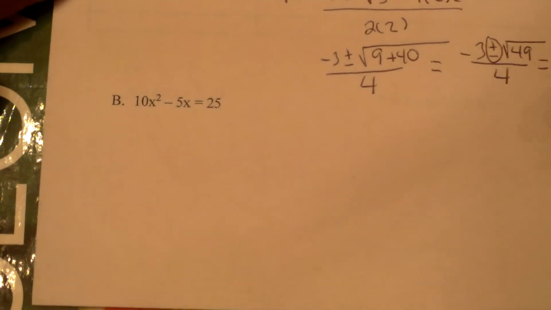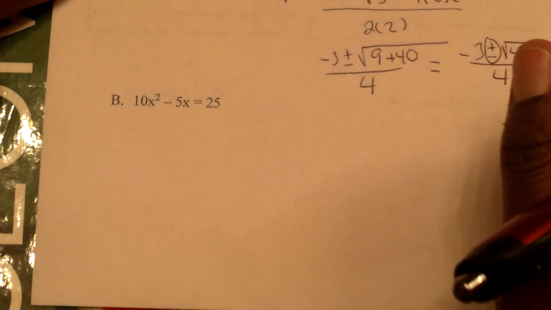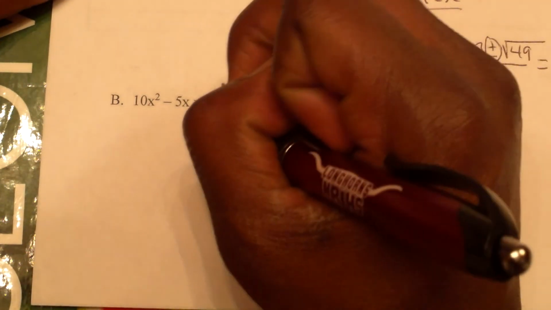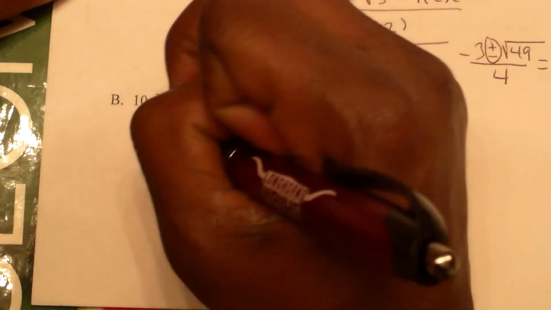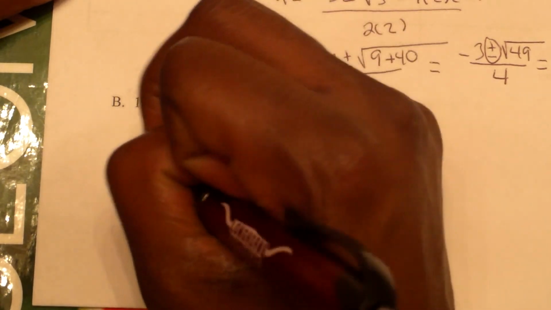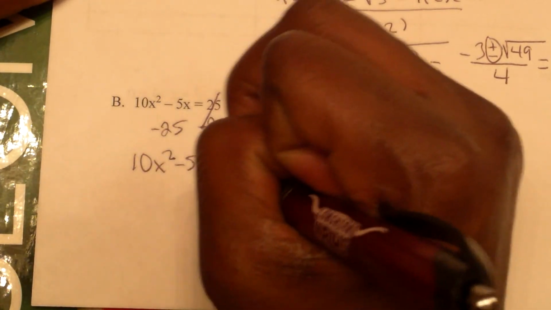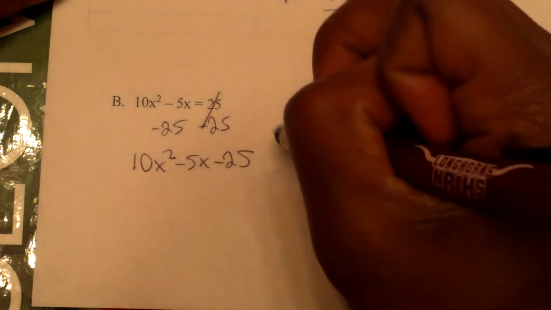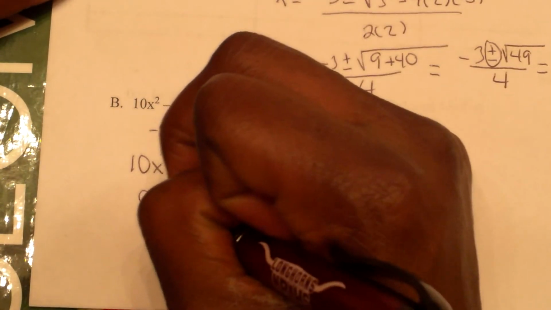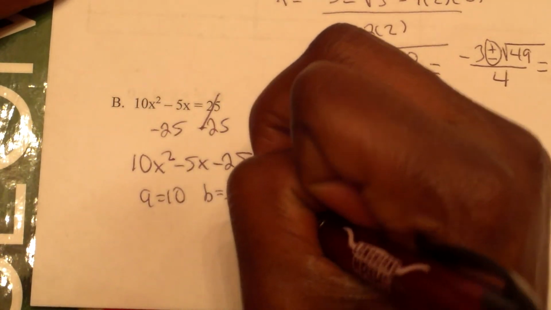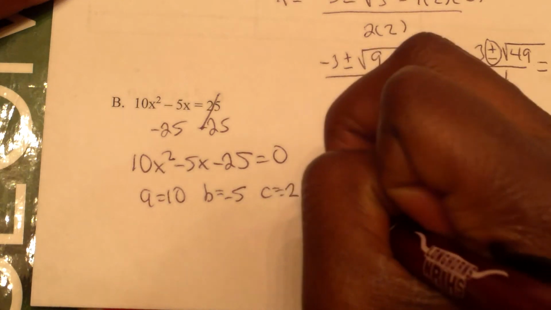Let's look at B. Here we have 10x squared minus 5x equals 25, but we're going to have to bring it over. So now we're putting that into standard form. Equals 0. Our A is 10. B is negative 5. C is negative 25.